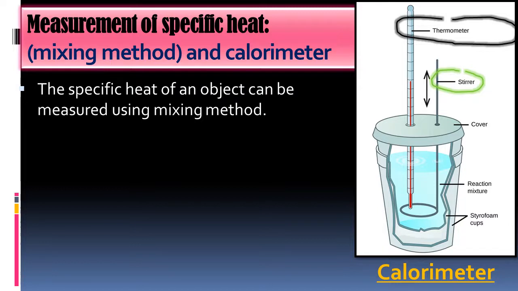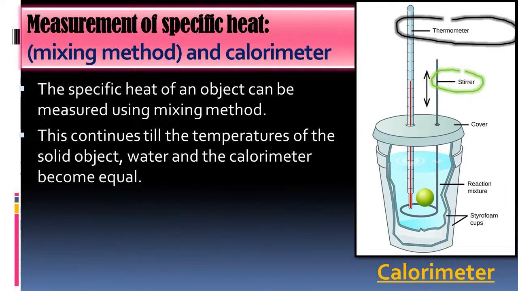If a hot solid object, which will be a metal, is put in the water in a calorimeter, heat exchange starts between the hot object, the water in the calorimeter, and the calorimeter itself. So here the heat exchange takes place between three different objects.